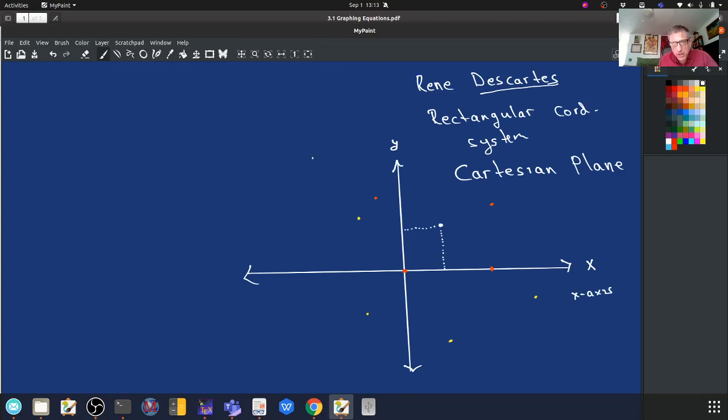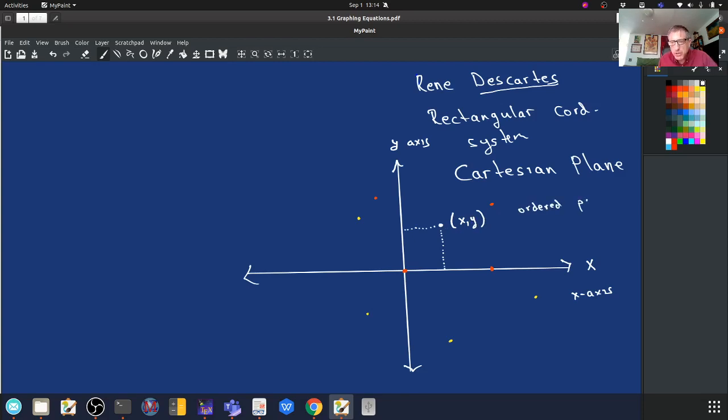And the vertical line is called the y-axis. And these are points. They're literally zero-dimension objects. But each point has an address, and that address is given by an x value and a y value. Together, the address is called an ordered pair.